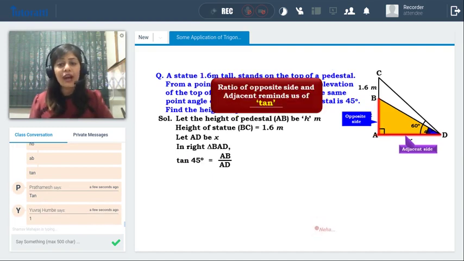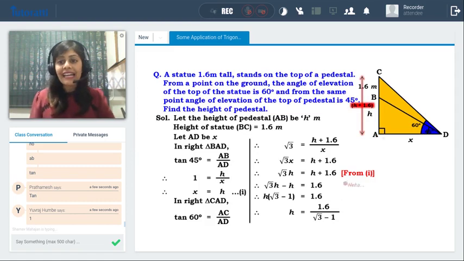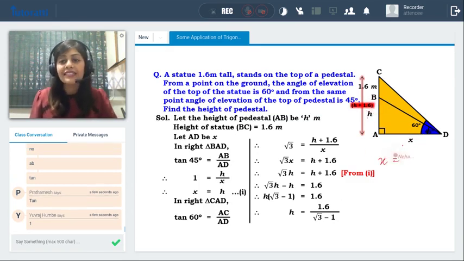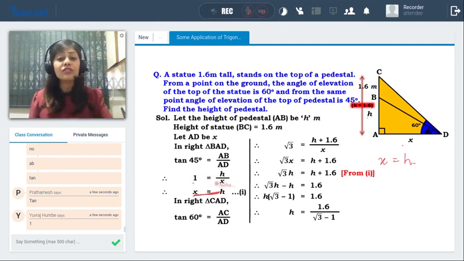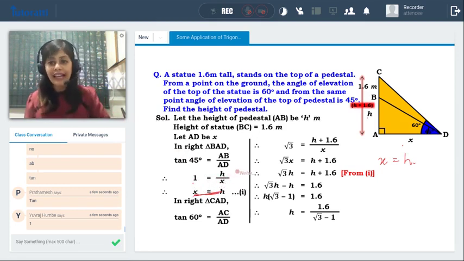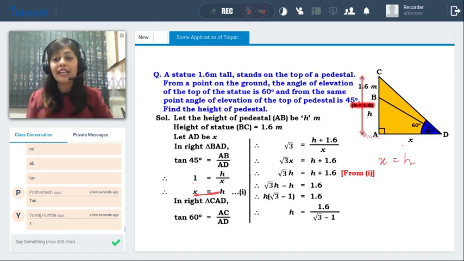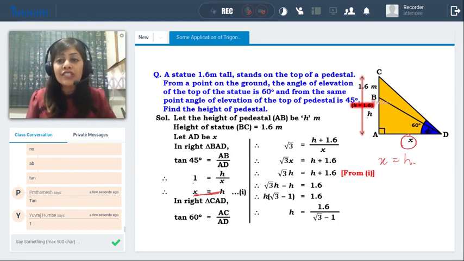Like I said, whenever you have tan 45, the two sides are going to be equal. So if I take AD as X and AB as H, what I understand is X is equal to H. Students, tan 45 is 1, so X is equal to H. Now, this is the ratio from the first triangle. Let's look at the next triangle. In your next triangle as well, one side always has to be the common side, and the other has to be the side which contains what you have to find.